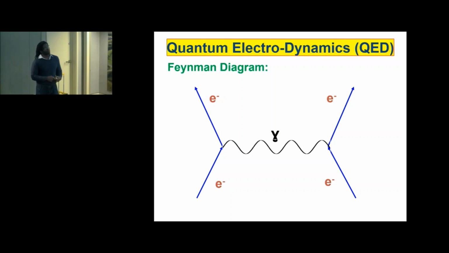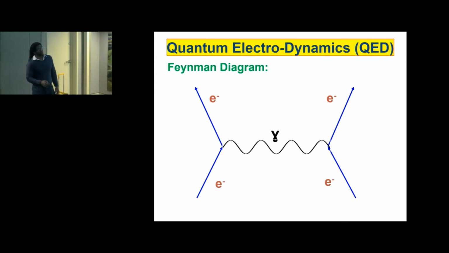So Feynman diagrams, essentially they just show particular decays, and particle physicists, we write down all the Feynman diagrams for all the possible decays and work out the probability of them taking place. With Feynman diagrams, there's always an implicit time and space axis.